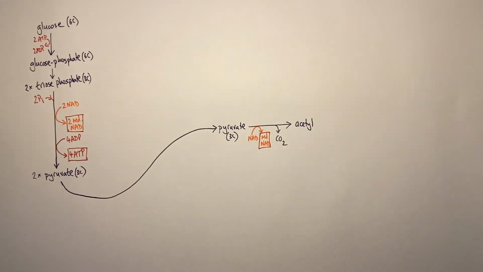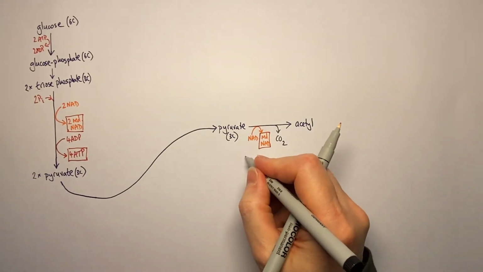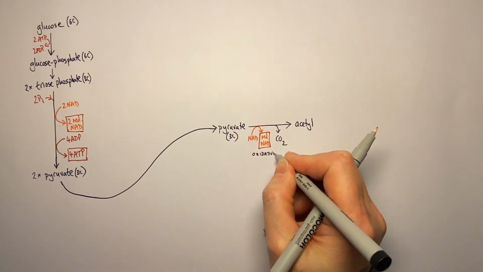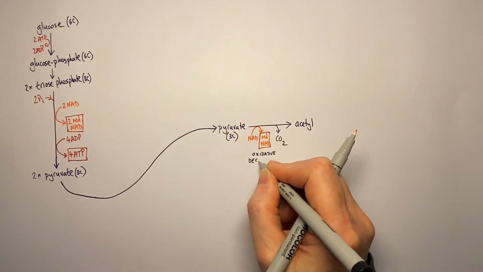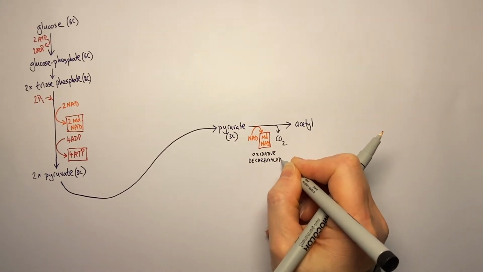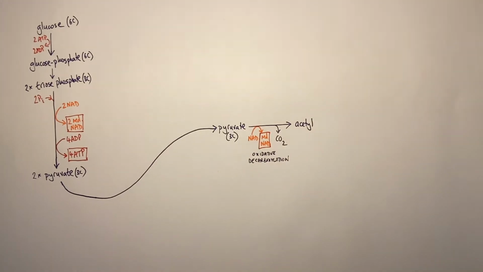And that is a decarboxylation. So this process is called oxidative decarboxylation. And that is the link reaction.